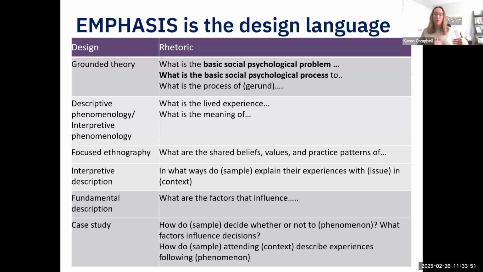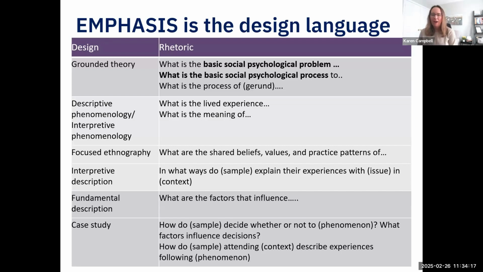The same way that if you were to do an interpretive phenomenology study, I would expect "what is the meaning of," or "what is the essence of," and probably what is the essence of some sort of shared human experience. So what is the meaning of grief to someone who has recently experienced a specific loss?